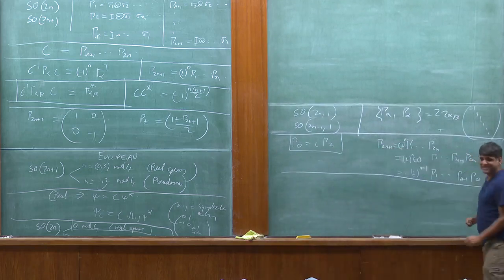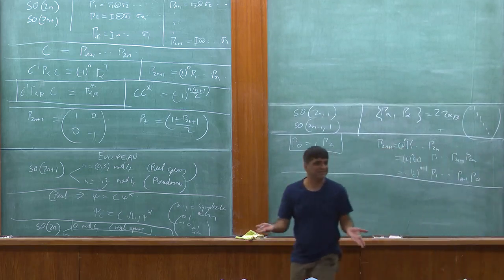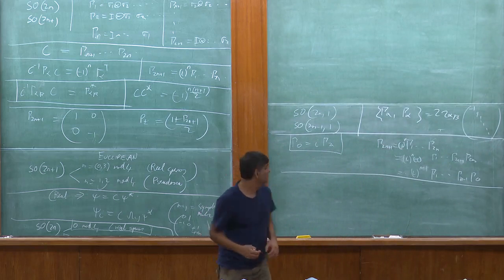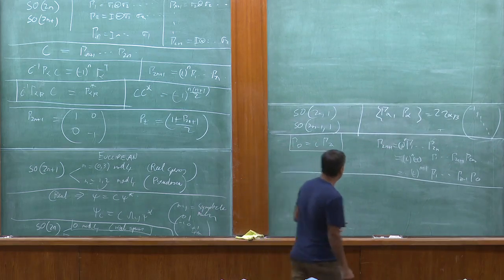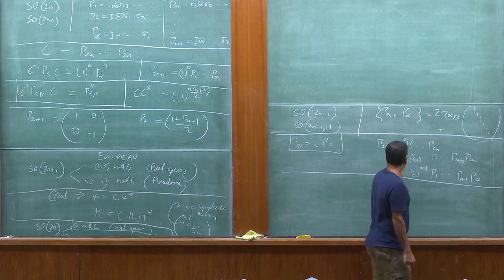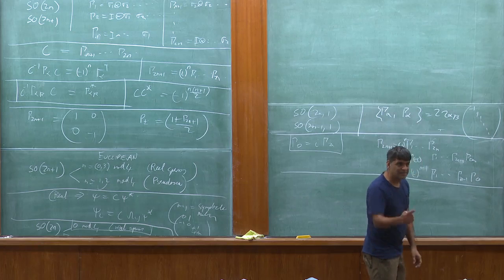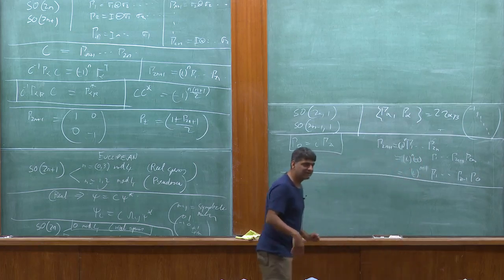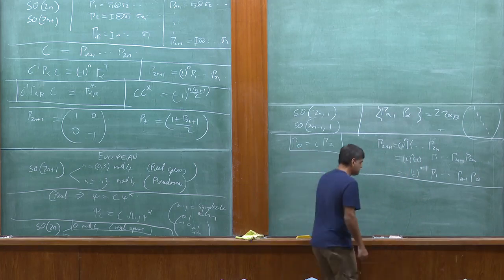We can either use the same C or put an I. It makes no difference. Sorry, there was an I in the n minus 1 power, right? There was minus I times gamma to the power n plus 1, but I squared is minus 1. So, is this correct? Okay.